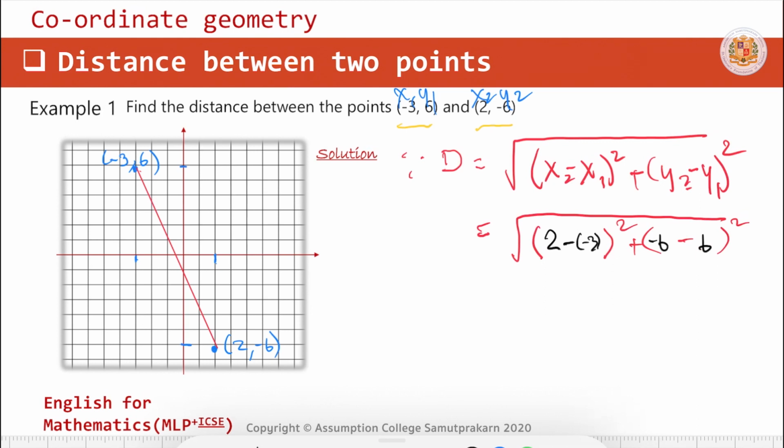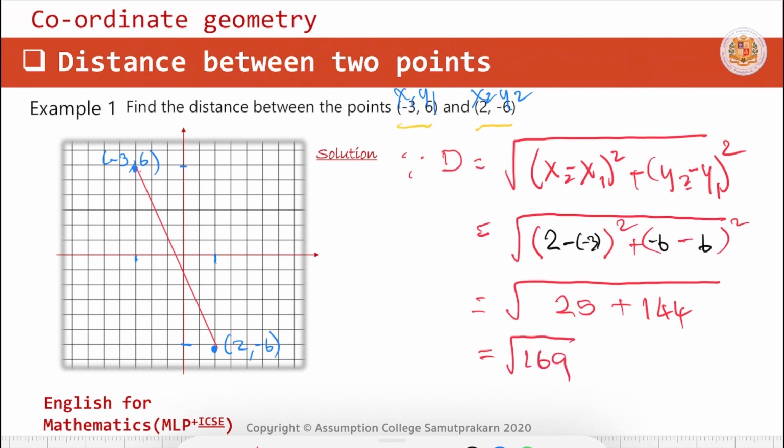the square root of 5 squared, which is 25, plus 12 squared, which is 144. Then it is the square root of 169, therefore it's 13.